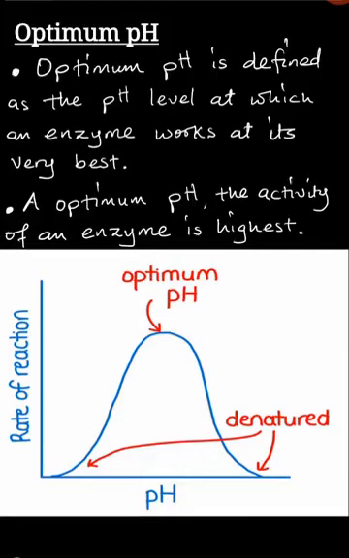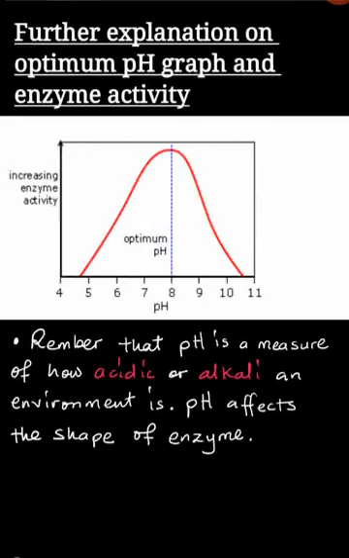Let me explain this further so that you can understand how to interpret the optimum pH graph. Now, on the y-axis, you are going to find the speed at which the enzyme is working.